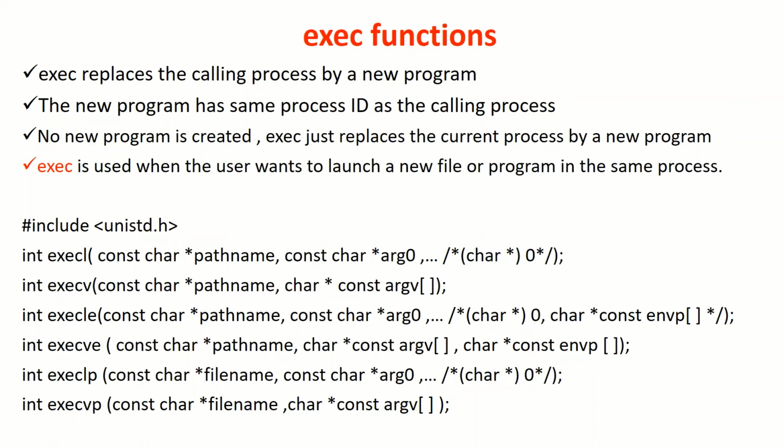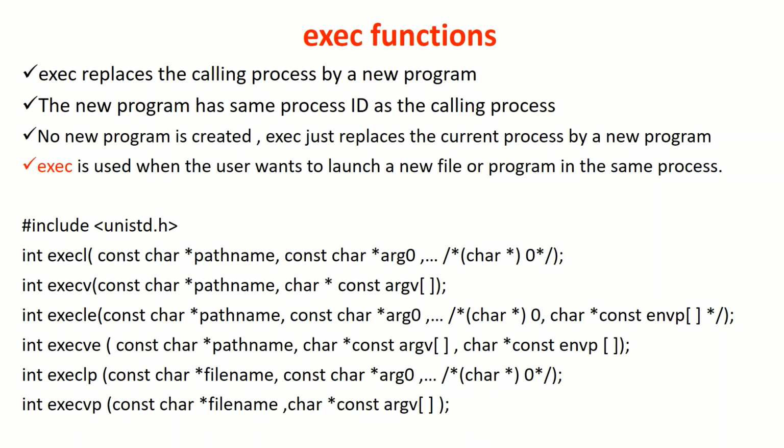And then here are other examples we consider: execvpe and execle. These two also serve the same purpose, but their syntax is a bit different from the previous functions. execvpe takes the file and the arguments, and one is execle.